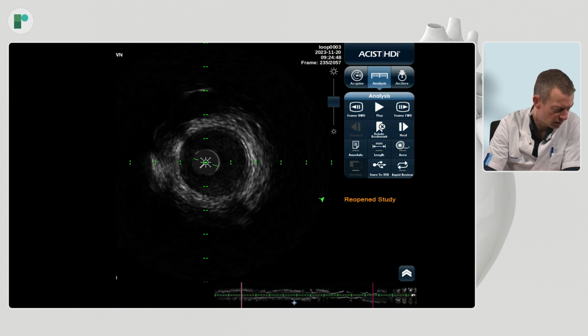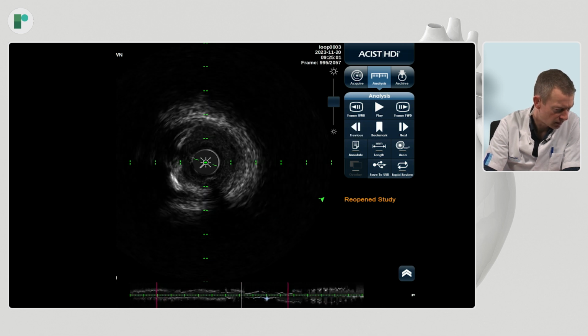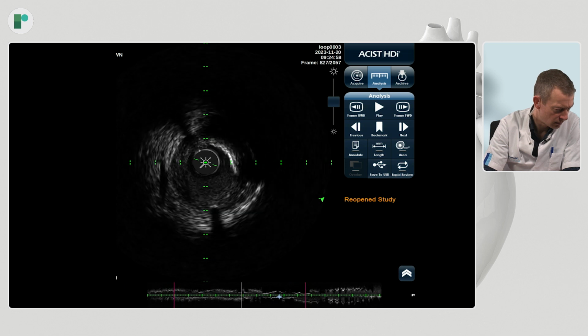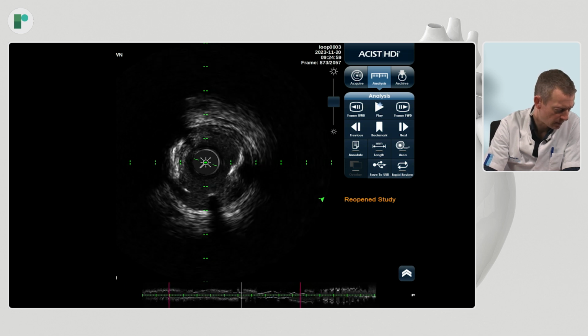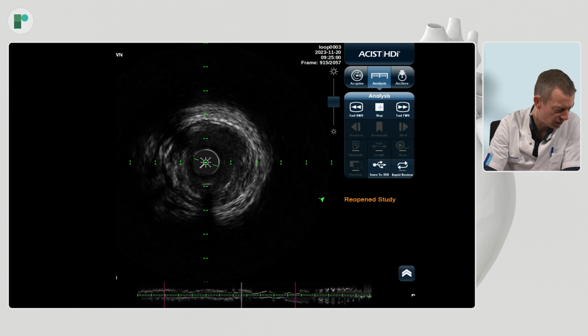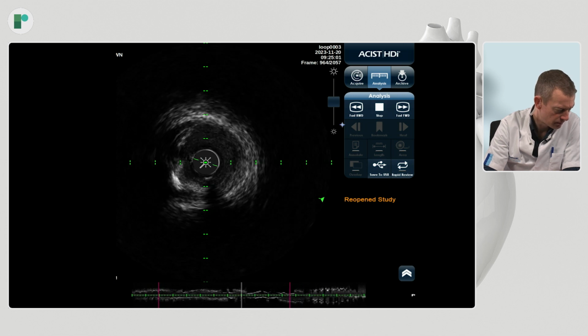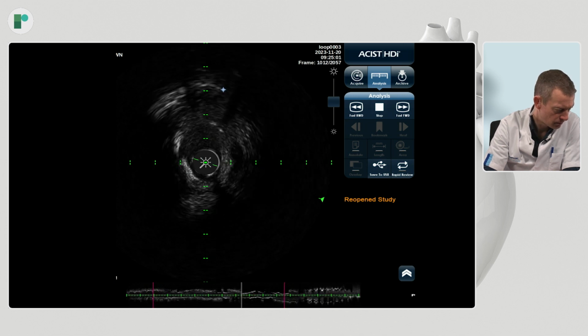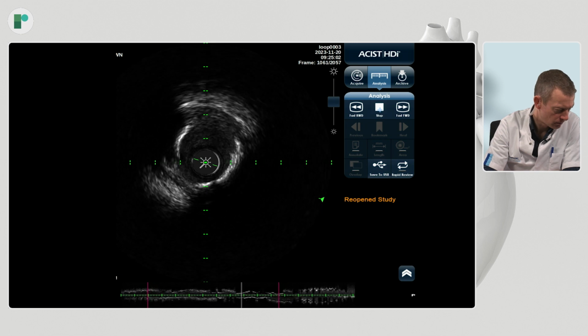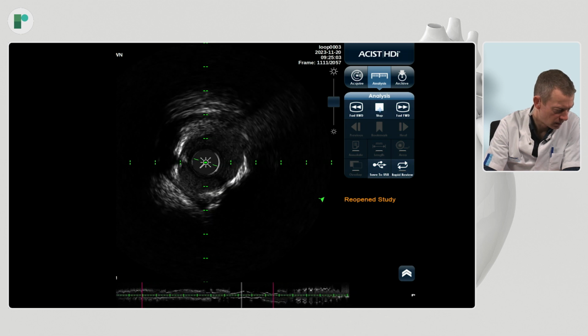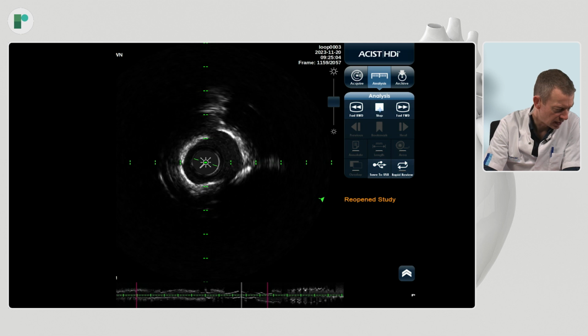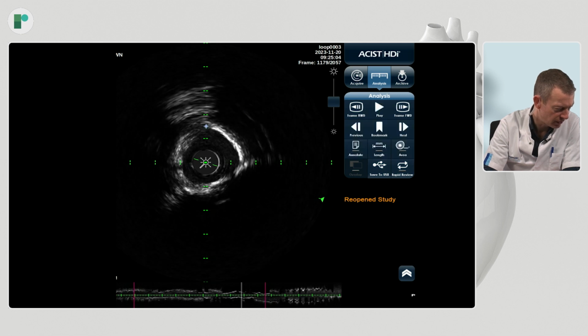Go back. Click play. Some dissection there. See? Septal, diagonal, and here you see the calcium now here and here is much more clearly fractured.